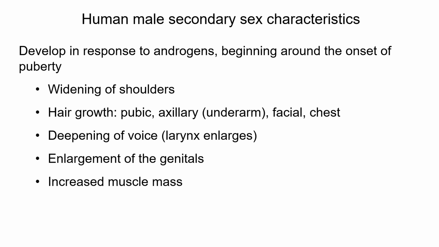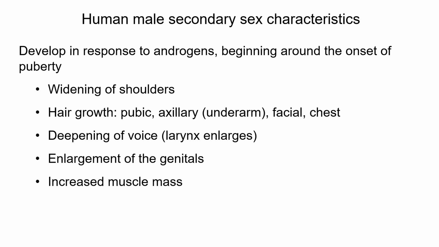So the male secondary sex characteristics are things that occur in the body of a boy as he's going through puberty. And again, the span of human variation is great, and I am just talking about a typical boy going through puberty. It certainly doesn't happen in every boy going through puberty. So in a typical boy, there's a widening of the shoulders relative to the hips.